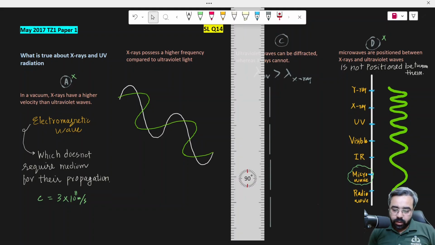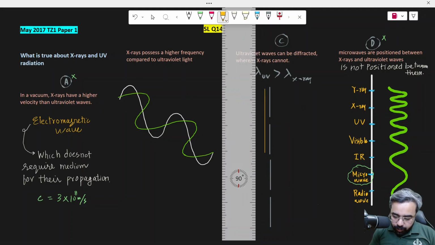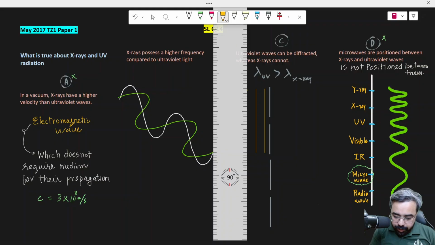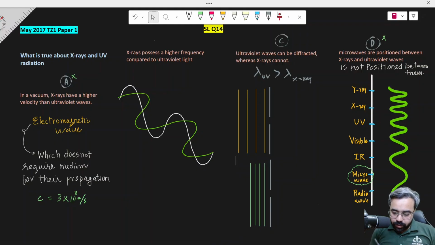Let me show you. So to analyze the option C, I have taken two identical slits which have the same size, and right now I'm going to show you the diffraction of ultraviolet first. For this I'm making the wavefront, so I am intentionally making more separation between the consecutive wavefronts as compared to X-rays. So now you see that the ultraviolet will diffract more.